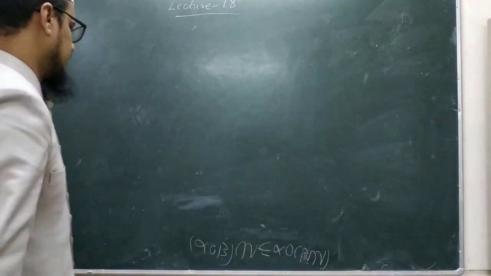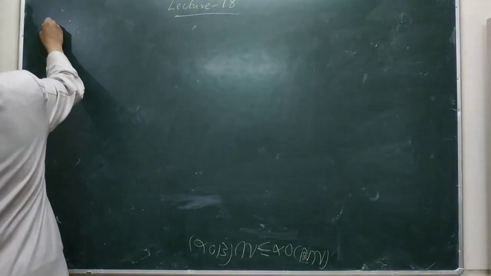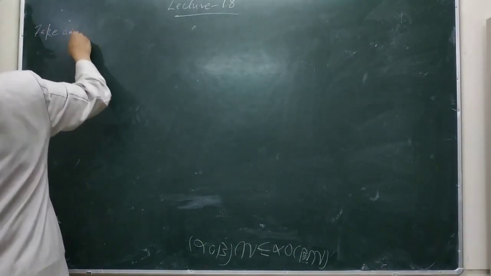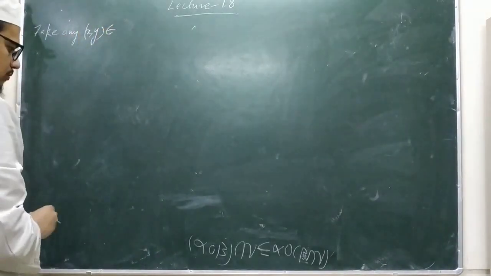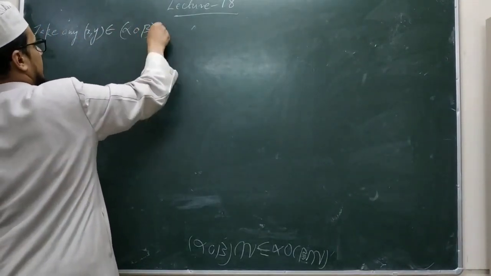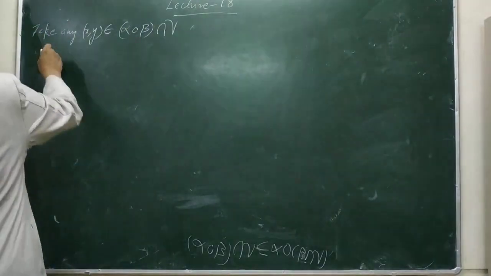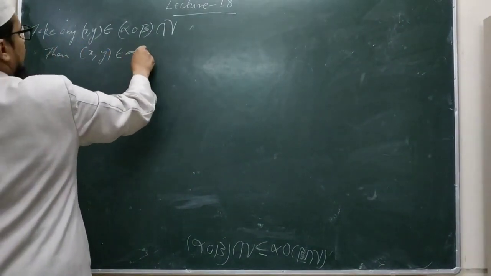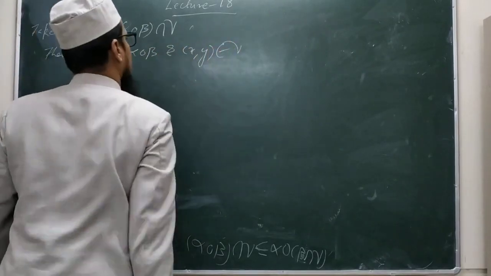We take an element here. Take any x comma y belonging to alpha composition beta intersection gamma, then x comma y belongs to alpha composition beta and x comma y belongs to gamma.